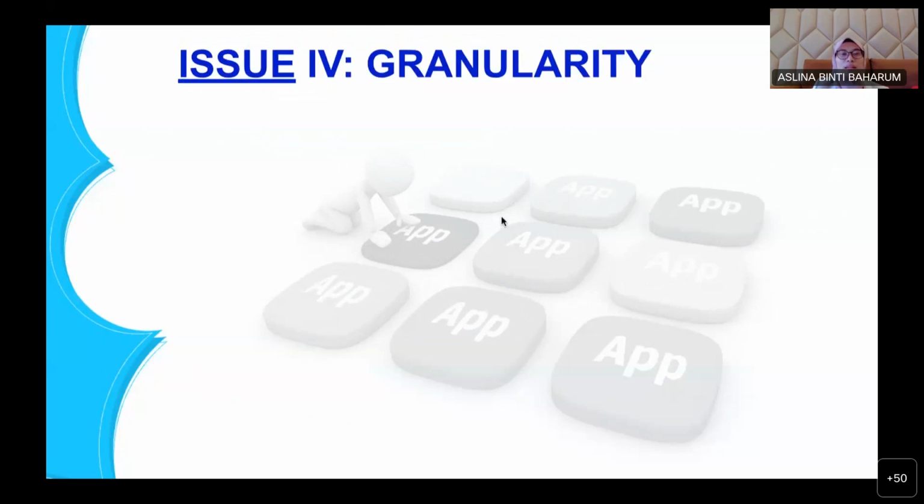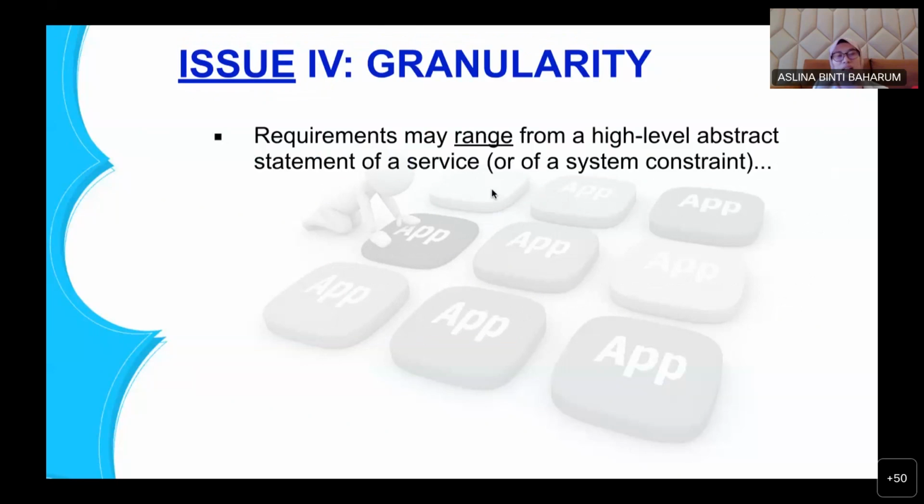Okay. And granularity. So all these are issues that may happen when you are writing the requirements. Okay. Requirements may range across different levels. The scope can be quite big. That's why sometimes we may need to put the scope of the work more properly, so that your project is defined up to a certain point.